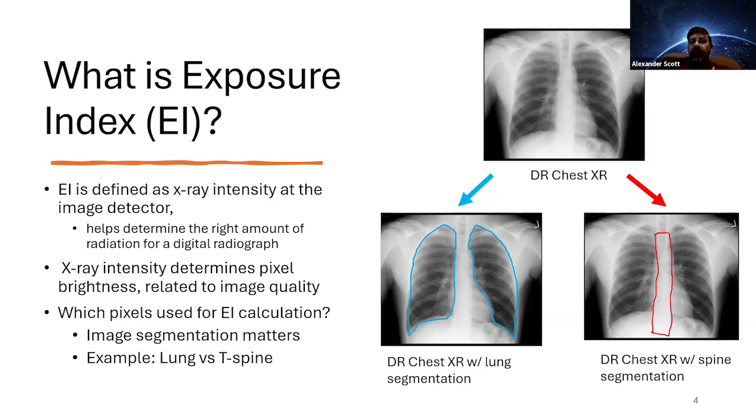And there, the exposure index would indicate that it's probably underexposed. So the image segmentation matters. Are you trying to expose the lung field or the mediastinum or some other part? And whether it's under or overexposed depends on that particular anatomy.